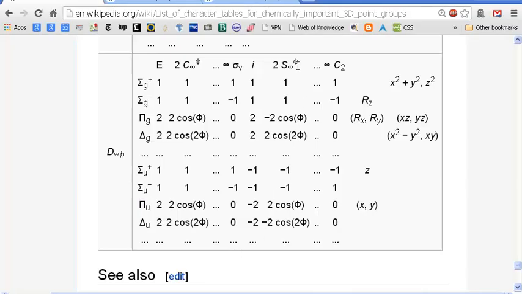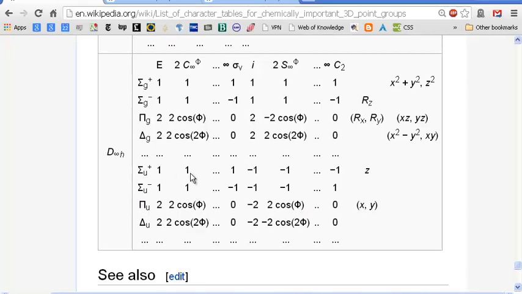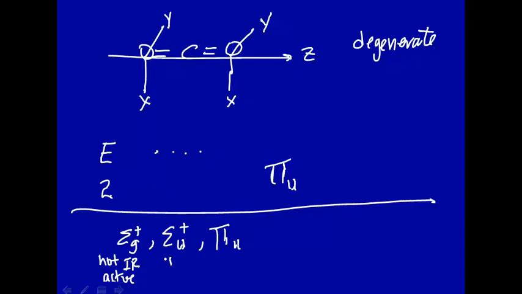Going along here, it looks like the sigma g plus does not have any single x, y, or z Cartesian coordinate, so this is not IR active. Let's look at the sigma u plus. The z-axis transforms as that, so this would be IR active.